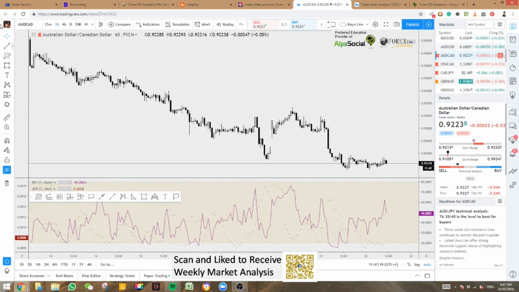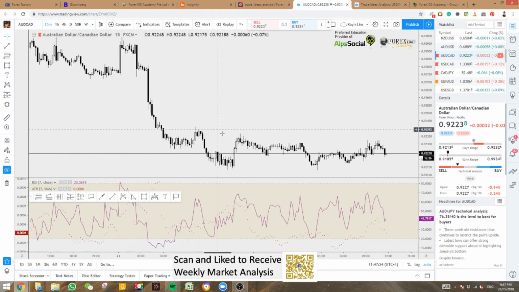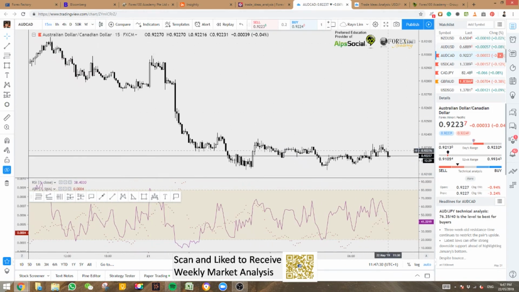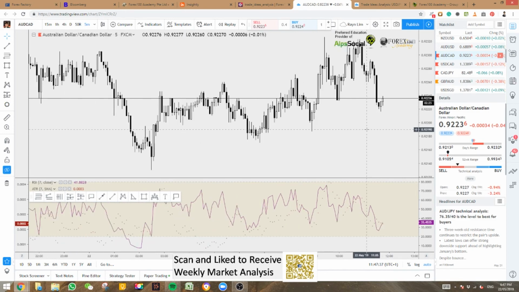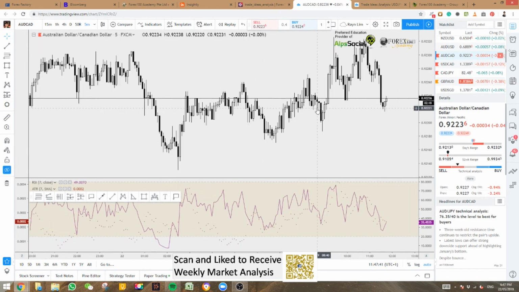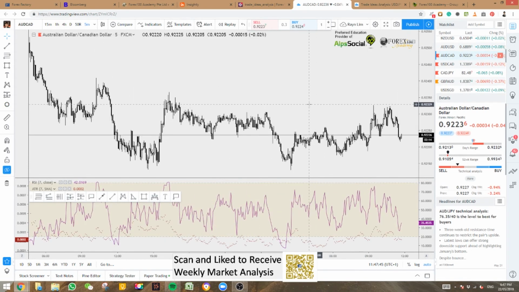Some traders might even go lower to 15 minutes, and this is the area they are looking for a shorting opportunity. Not so much for me. You might even need to go to 5 minutes to see something form up. Let's see, for the fun of it, since we have some time. On the 5-minute chart, we might have some setup over here, some trading opportunity. But I don't do 5.